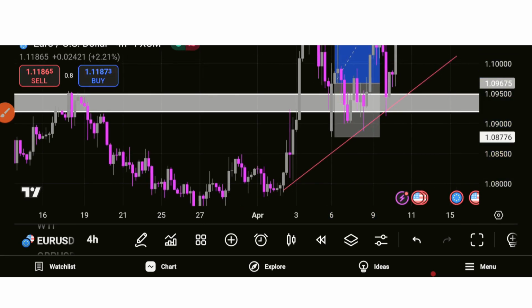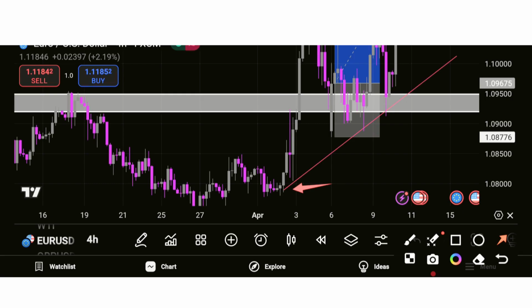We had a first touch over there, second touch, and third touch, and then price continued to push higher. But on this third touch, I was already out of the trade, right? This is just something I'm noticing now, and even if I wanted to look for a re-entry, that could possibly have been a re-entry for me. But that's neither here nor there.